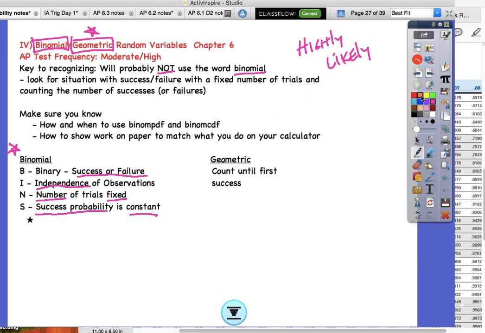Now, the new thing is geometric. And geometric looks like binomial except for the N. In this case, there is no fixed number of trials.